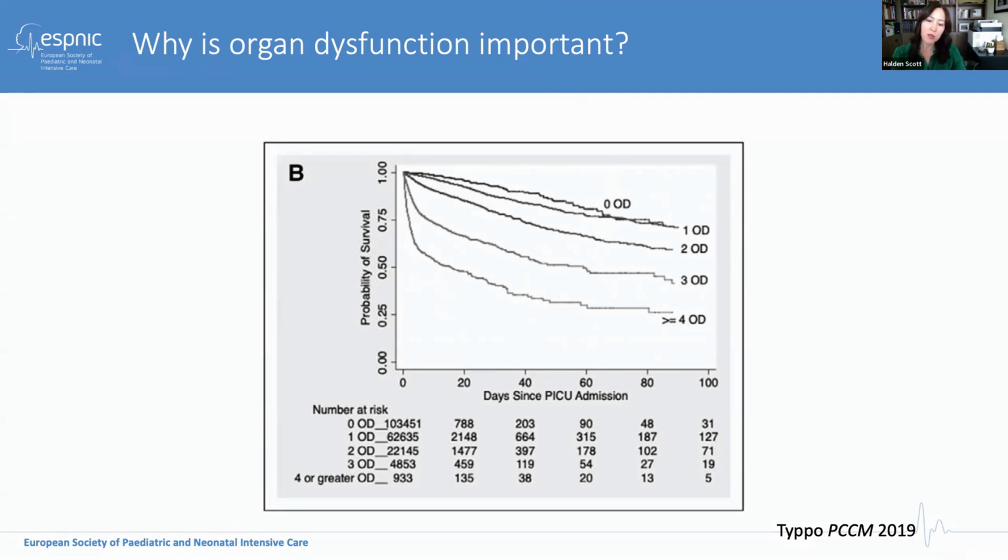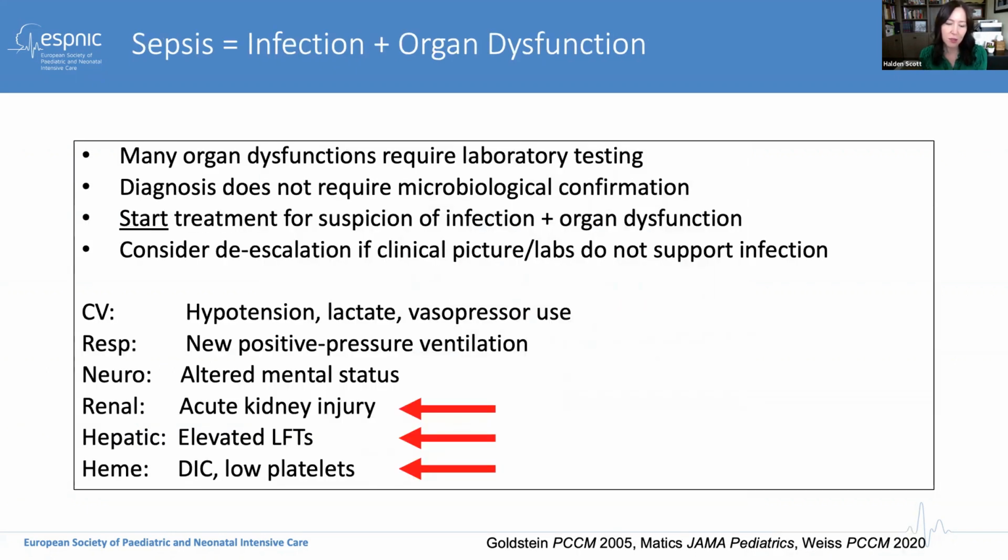But it's important to note that this is at the time of ICU admission. For me, as someone who works in a pre-ICU setting, this emphasizes the importance of identifying organ dysfunction early, knowing how many systems are dysfunctional in a patient who's critically ill, and getting them into ICU care as soon as possible. So this is why the number of systems matters.